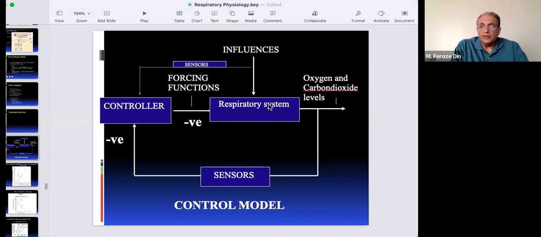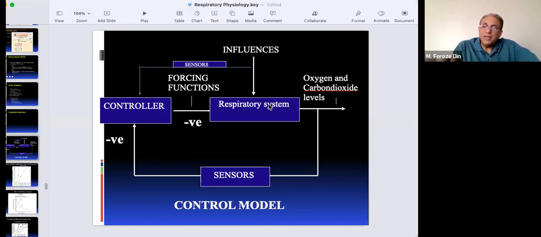If the pH falls, meaning there is too much H+, the respiratory system is stimulated, the ventilation rises, this blows off carbon dioxide, thereby blowing out acid, so the pH rises and corrects the fall in pH.